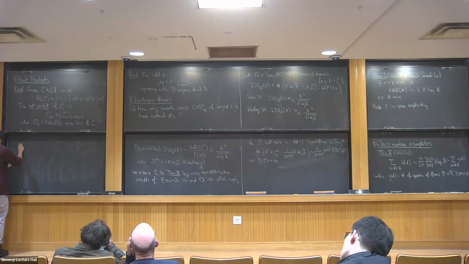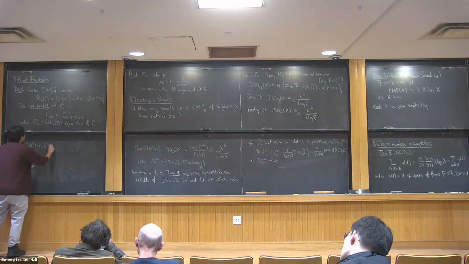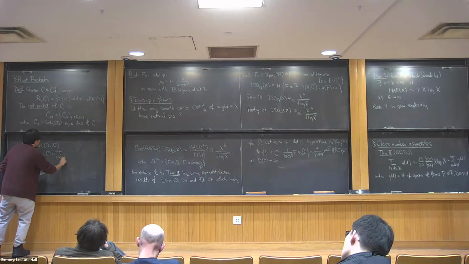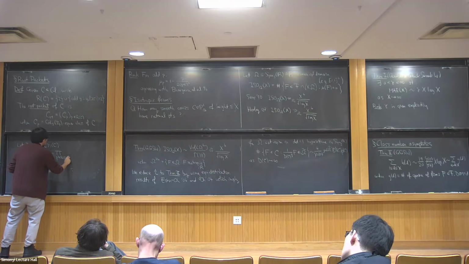And using this division of primes into R of C and the remainder, we can write the determinant of C as R of C times S of C, where R of C is the product of the primes inside here of p to the power of that.